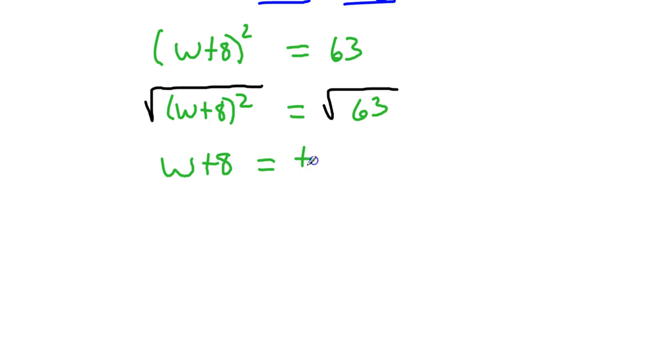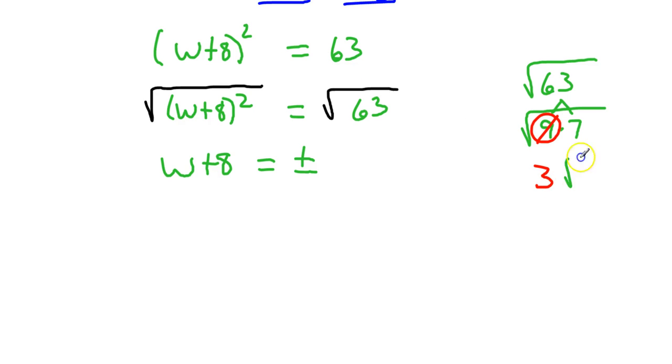For this one it's plus or minus, but when we break down 63, you can do 21 times 3. You could also do 9 times 7. If you do 9 times 7, again, there's a perfect square root with 9, so you can make that 3 with a square root of 7 left on the inside.